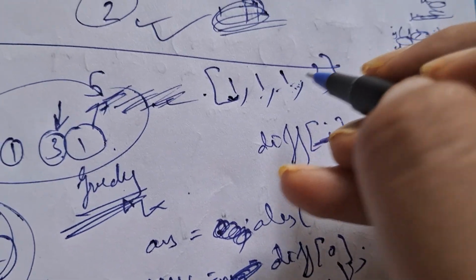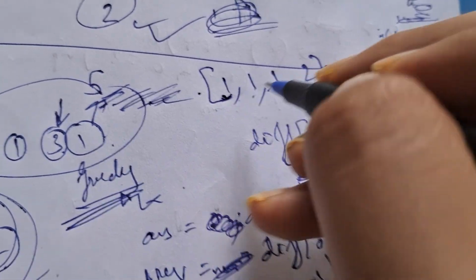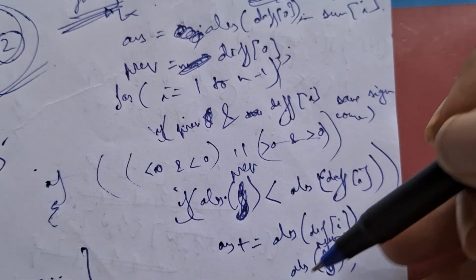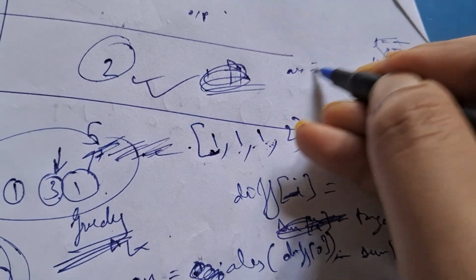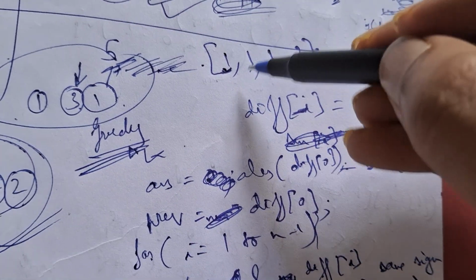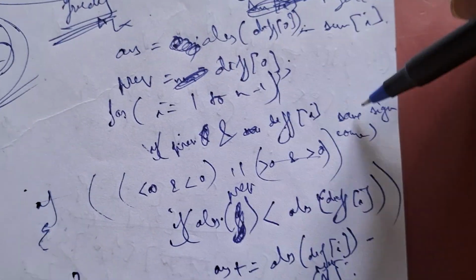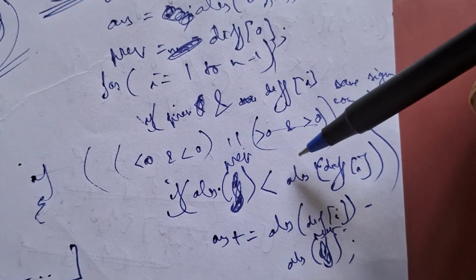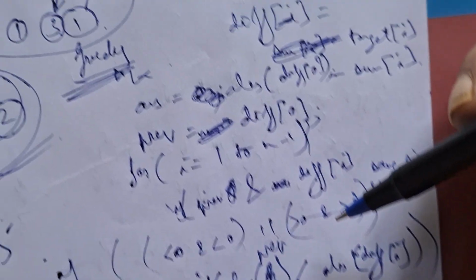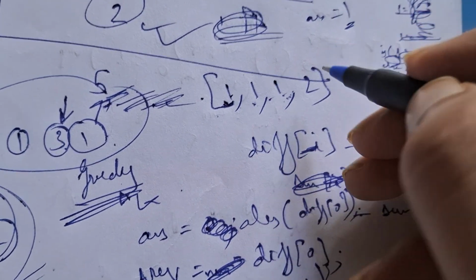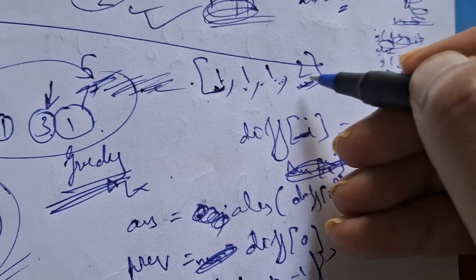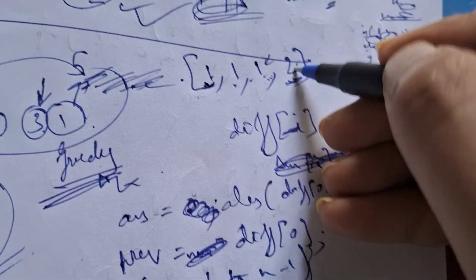The sign convention is the same, and what was the condition when you have to change this answer? Answer is initially 1. Do you have to change the answer, since the sign conventions are same and previous is never lesser than difference of I? The previous element is never lesser than this until you encounter this position where the previous element is 1 and this is lesser than this, right?